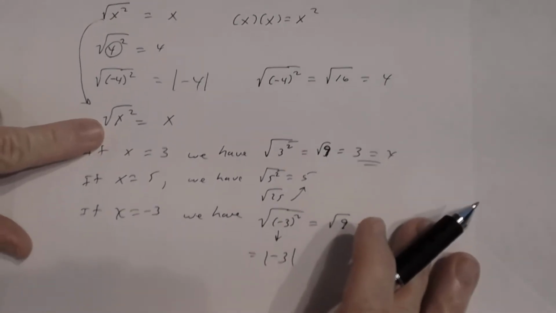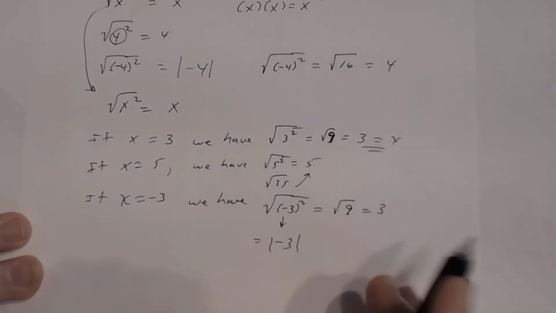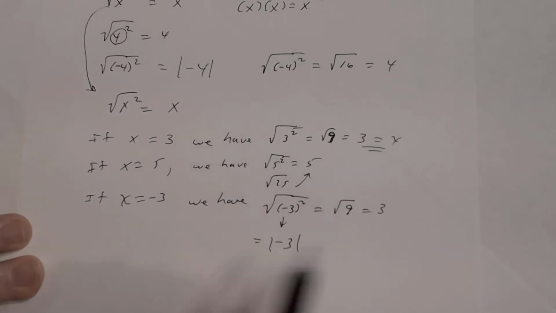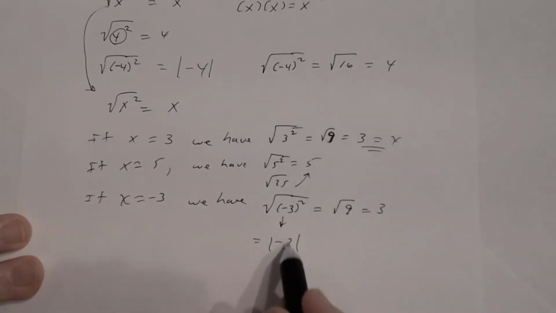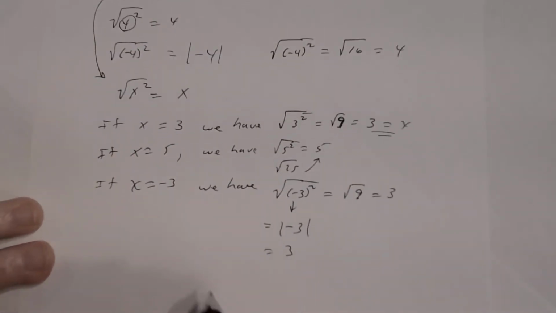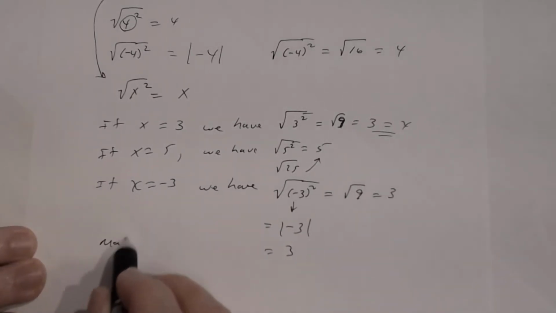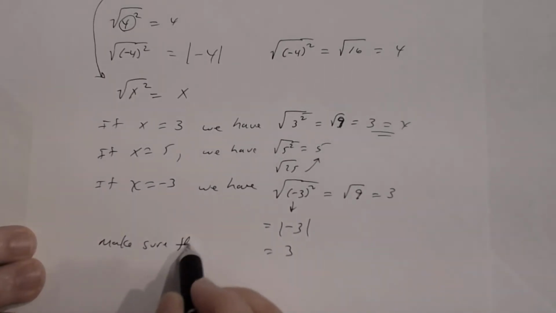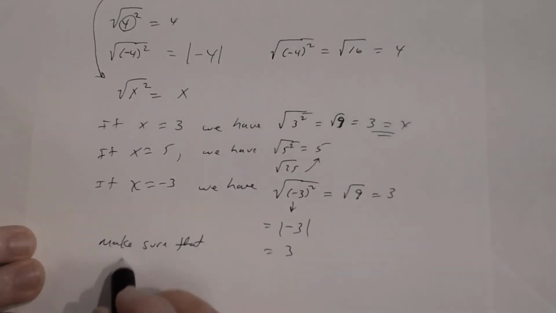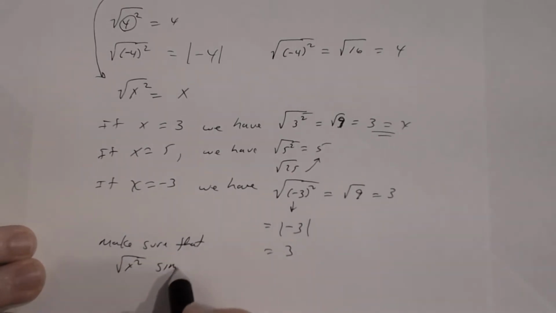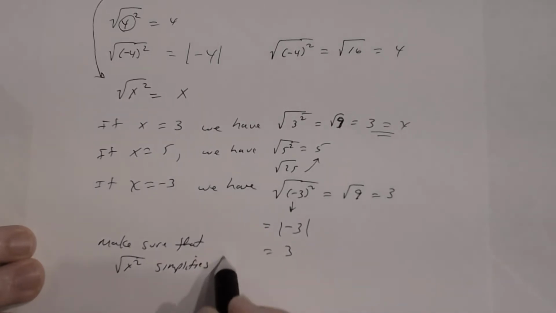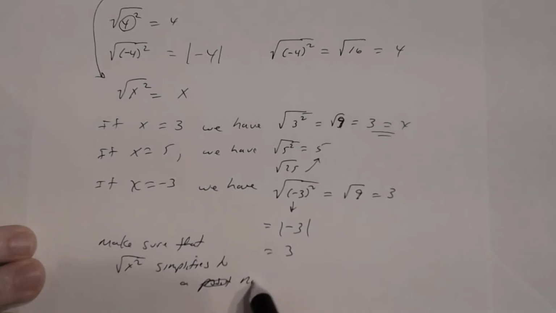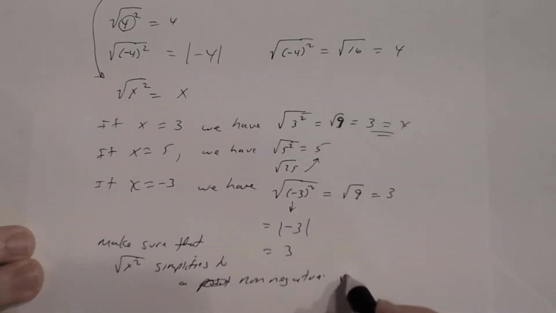So what we need to look at here is this. We have to make sure, and notice the absolute value of -3 is 3, that the square root of x squared simplifies to a positive, or let me write it this way, to a non-negative, because x can be 0, so a non-negative real number.